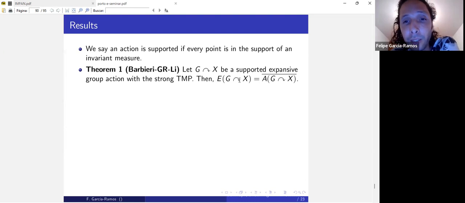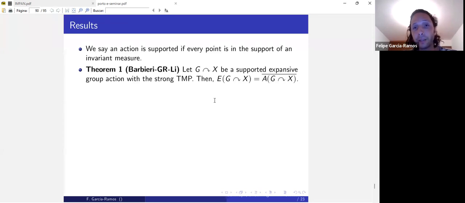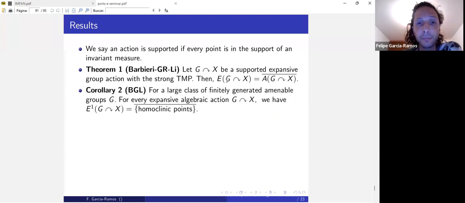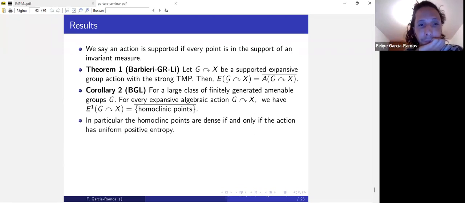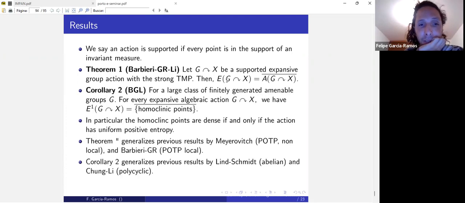This is purely, so I take the asymptotic pairs, which are the pairs that converge to each other, and I take the entropy pairs, and what we have is that the closure of the asymptotic pairs is equal to the entropy pairs.